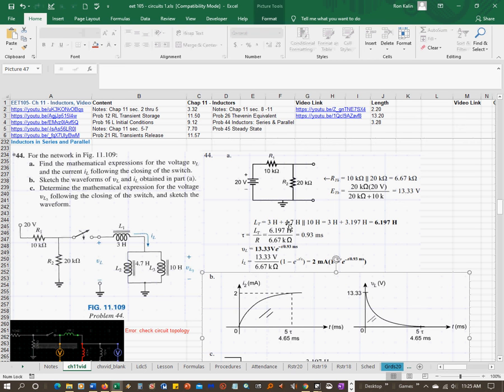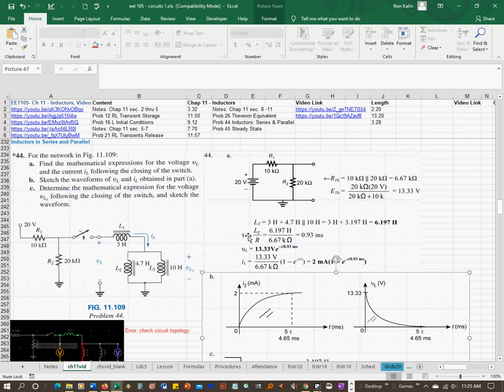So 4.7 times 10 is 47, divided by 4.7 plus 10 is 14.7, ends up being 3.197 henries. By the way, these are really large values. Usually it's milli or micro henries. Inductors usually aren't in henries. I think they just did it for simplicity for calculation. And your total inductance ends up being 6.197 henries.